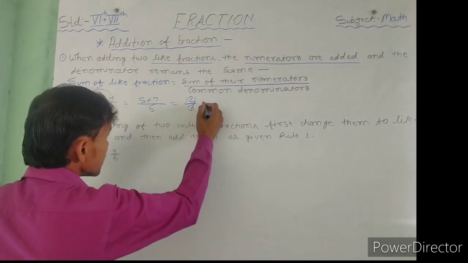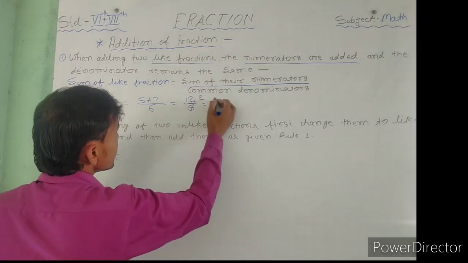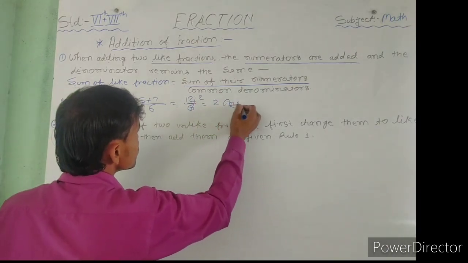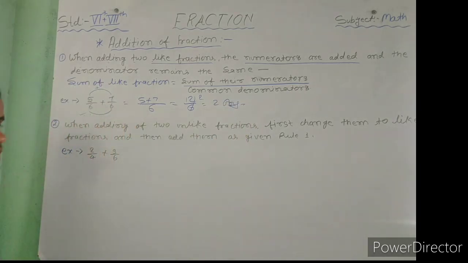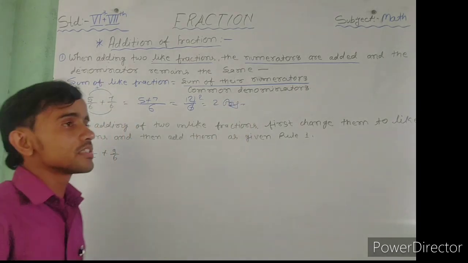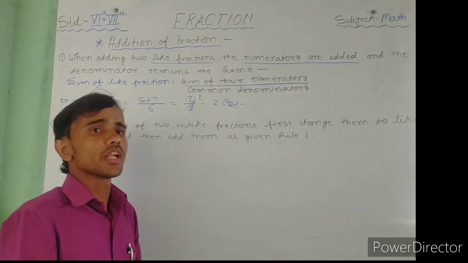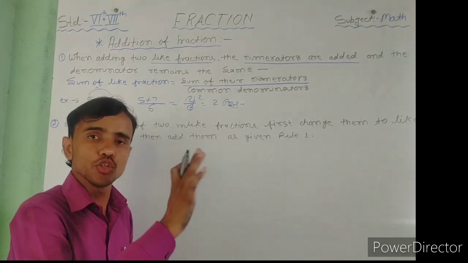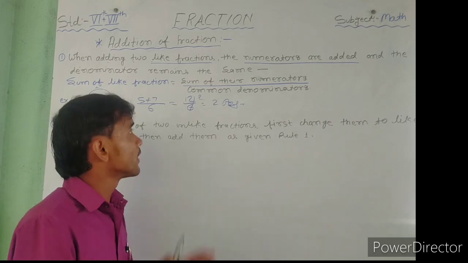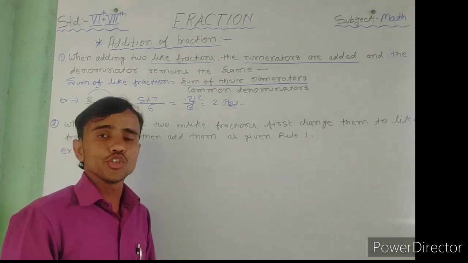When you cut it, 6 twos are 12, so your answer is 2. If a question comes in like fractions, you add the numerators, write the denominator as usual, then cut and get your answer.